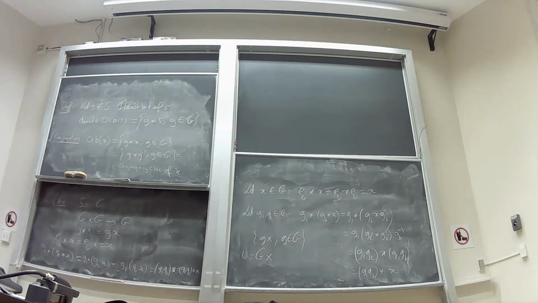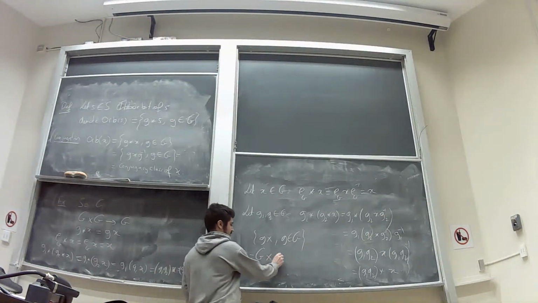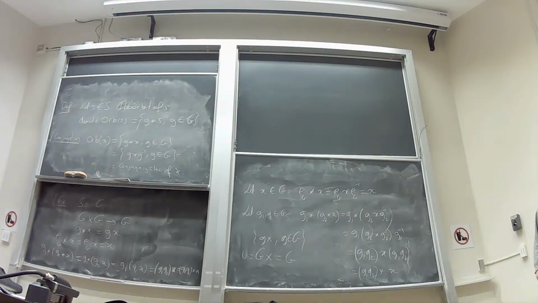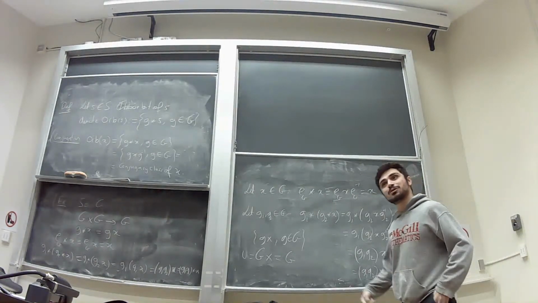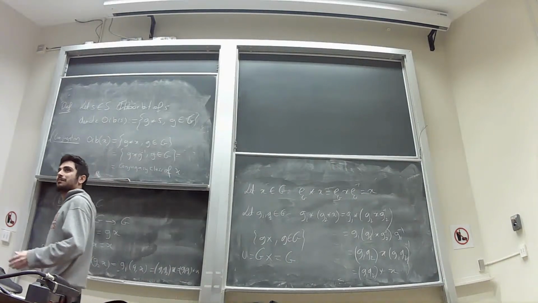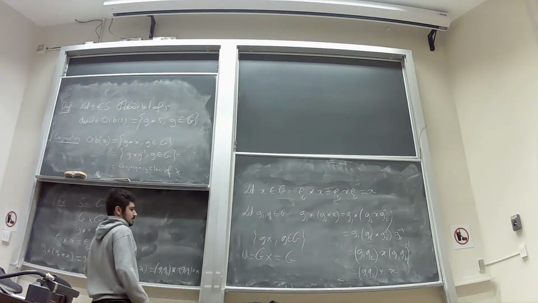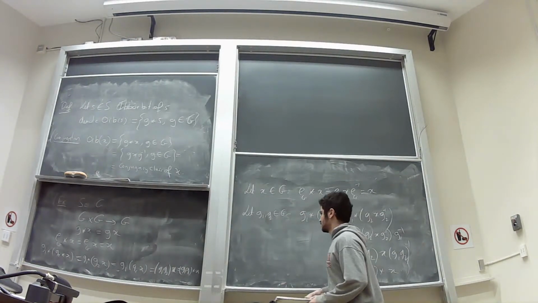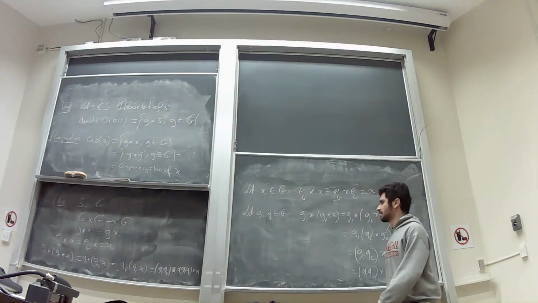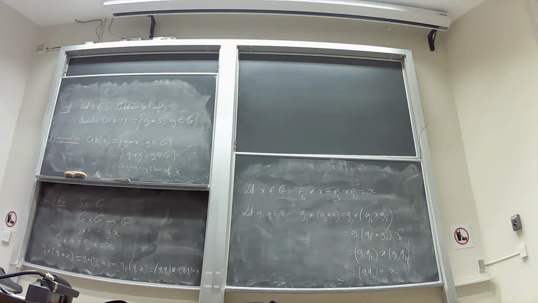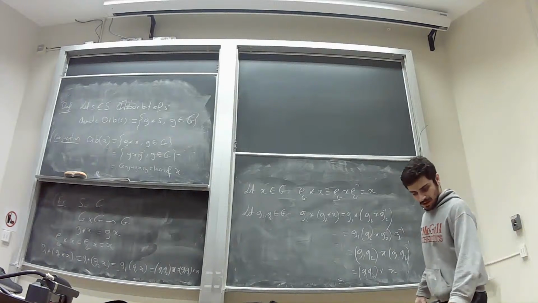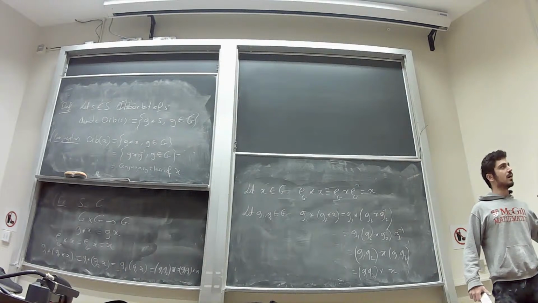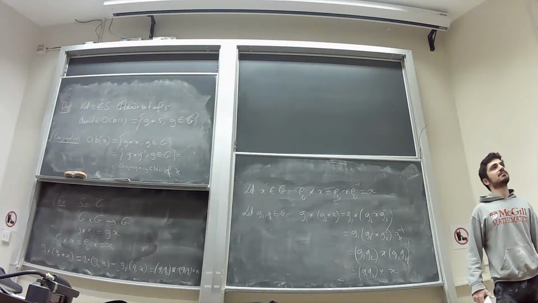It's G. This is just G. Okay, great. So this is a group action. It's not complicated. It's just a bunch of definitions that you have to check.